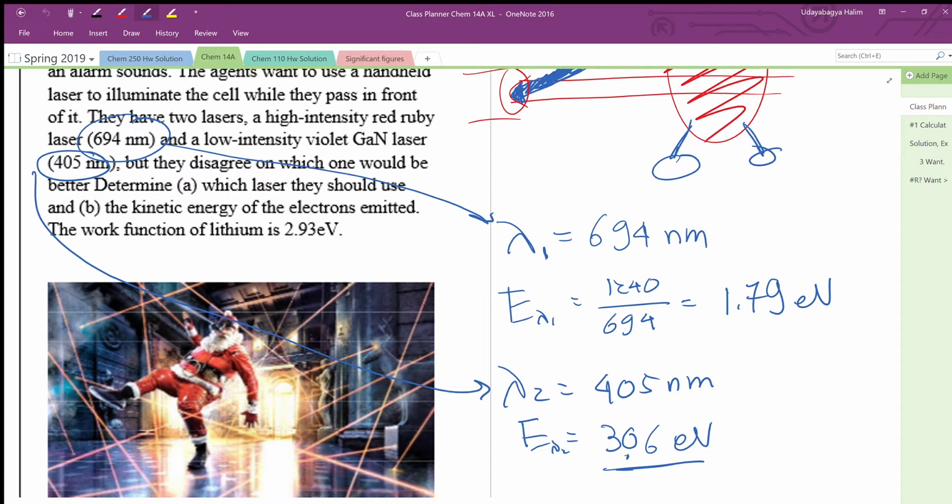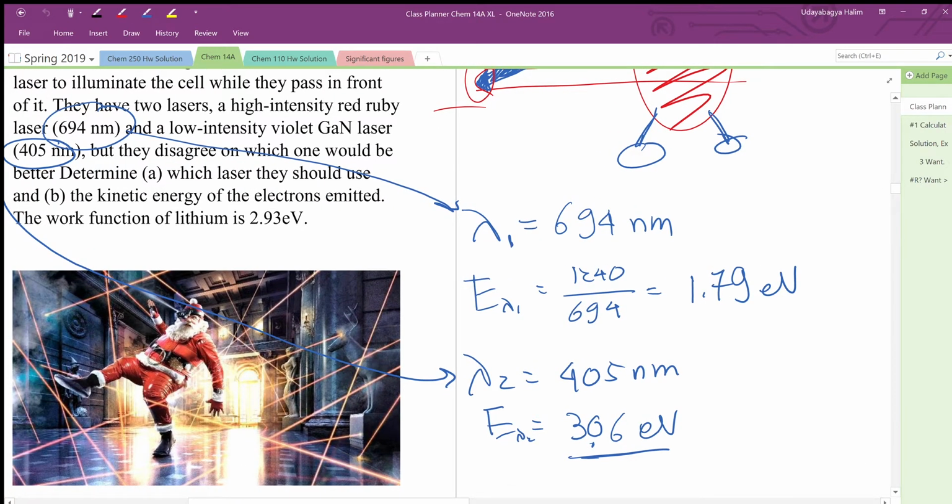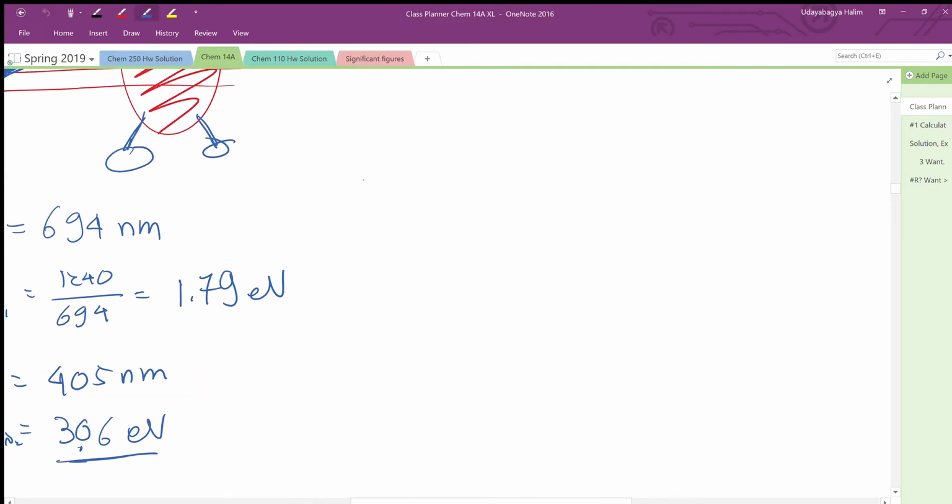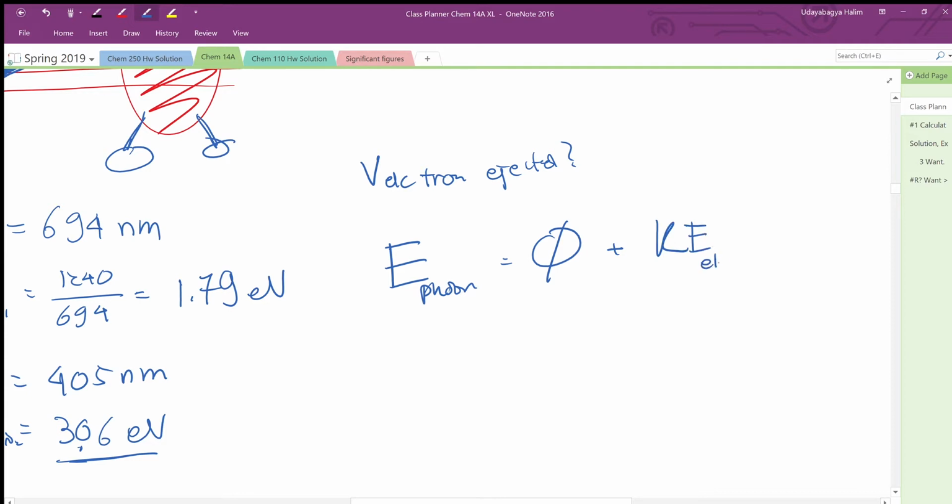So let me continue with this particular question. I'm going to set up the problem, but I'm not going to try to solve all the math because it's going to be kind of annoying and takes a lot of time. The second part of that question, on the last question on that page, is: what is the velocity of the electron ejected? Well, it's a photoelectric effect, so the energy of the photon is equal to the work function plus the kinetic energy of the electron.